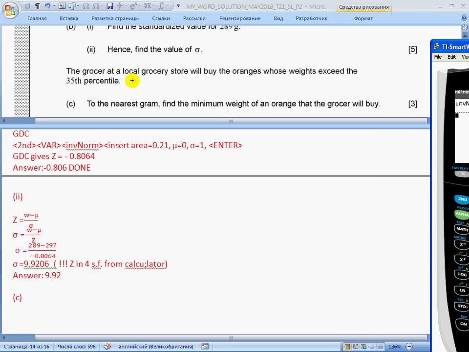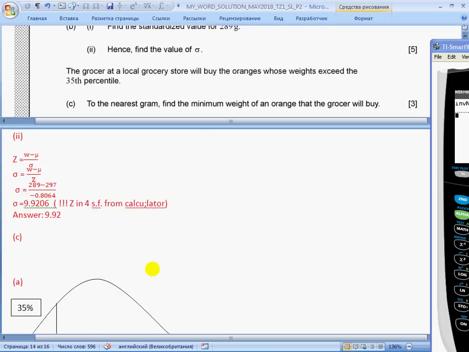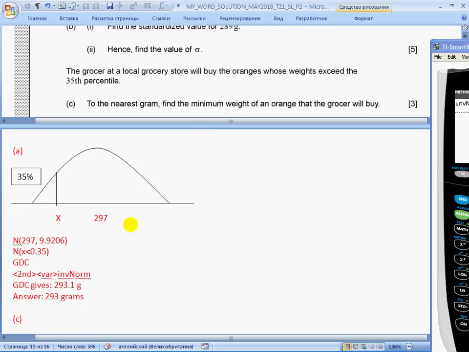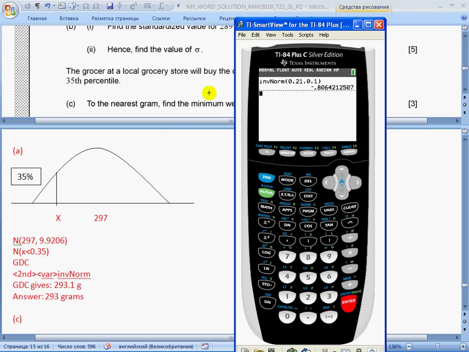Okay, the grocer at the local store will buy the weights exceeding the 35th percentile. To the nearest gram, find the minimum weight of orange that the grocer will buy. Okay, so he is buying the right side, and we can find what is the boundary.